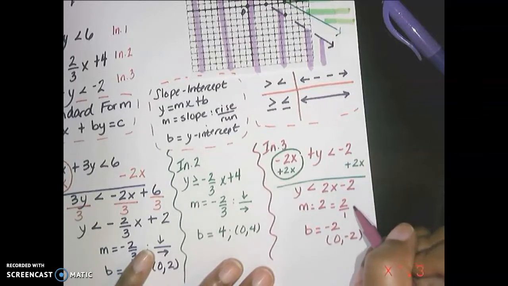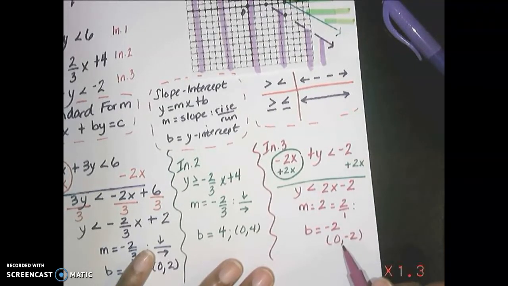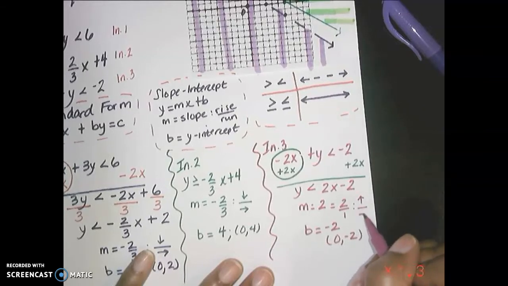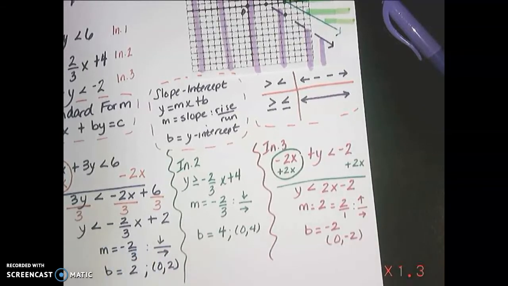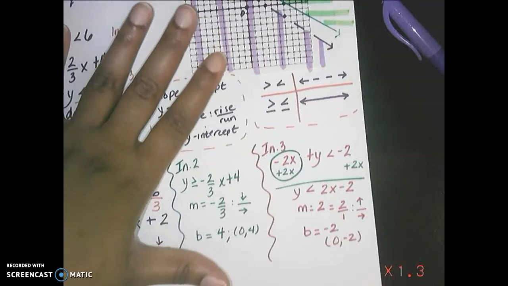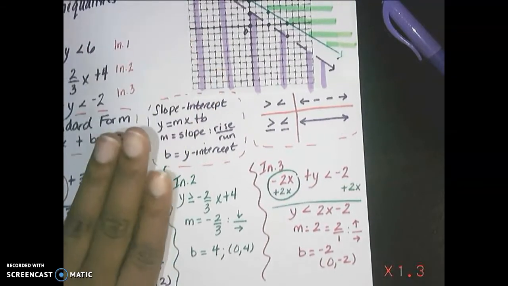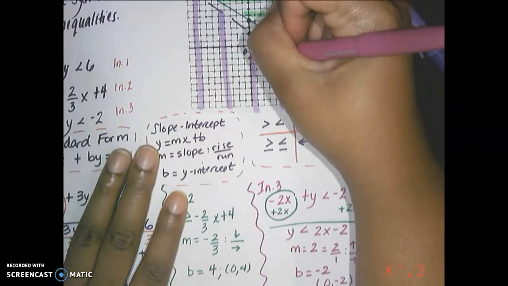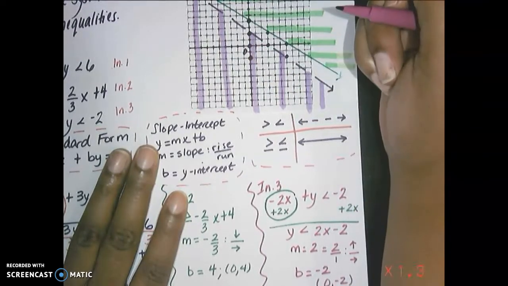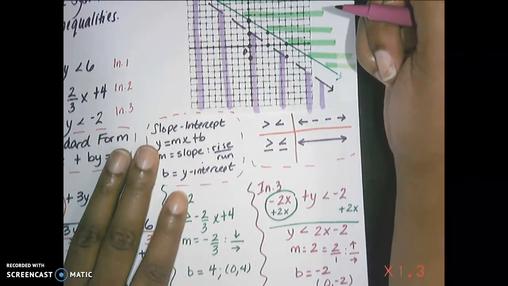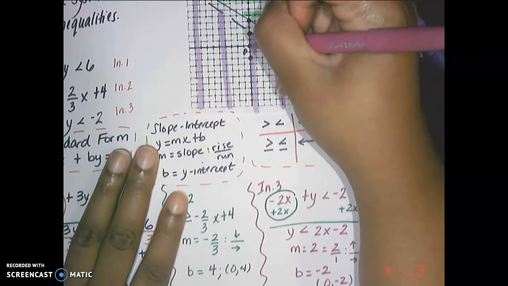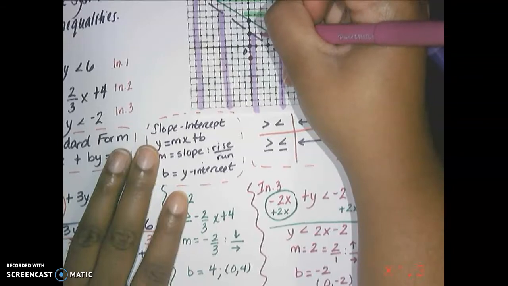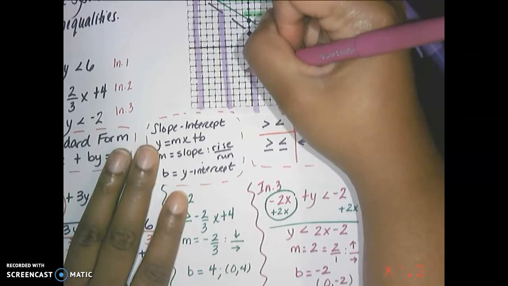In terms of directions, from my y-intercept I can go up 2 and to the right 1 unit. I'm going to put that on our graph. So (0, -2) is going to be here, and then we go up 2 and right 1, or we can go down 2 and left 1.